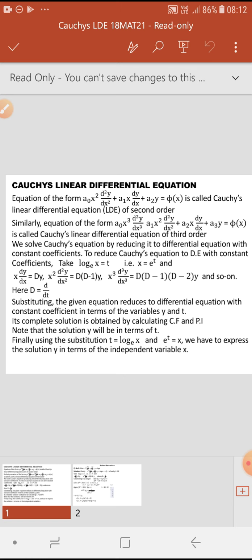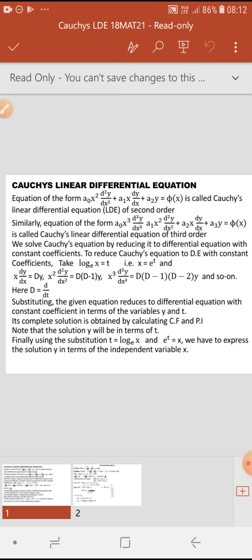Similarly, in the term containing the third derivative d cube y by dx cube, there must be the factor x cube, and so on. Such a linear differential equation is called Cauchy's linear differential equation.